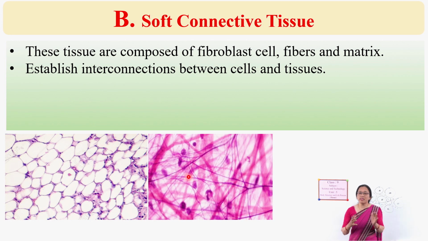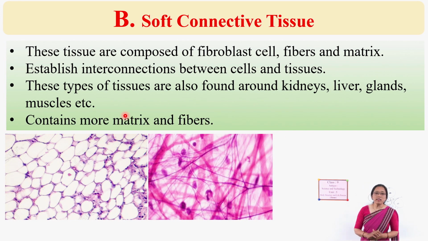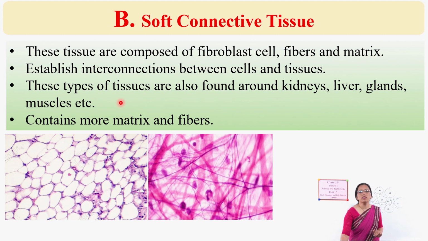Already I have told you this connective tissue maintains the interconnection between the cells, tissues, organs and also from system to system. These soft connective tissues are especially found around the kidney, liver, glands, muscles, etc. Compared to the other connective tissues, it contains more matrix and fibers.